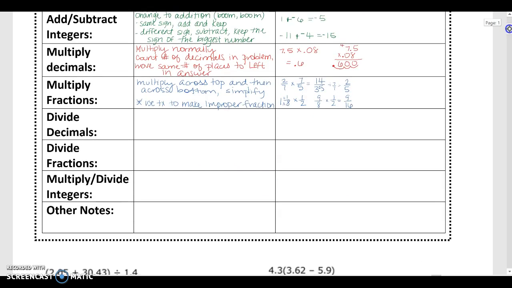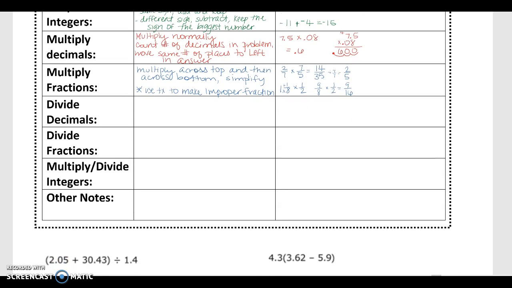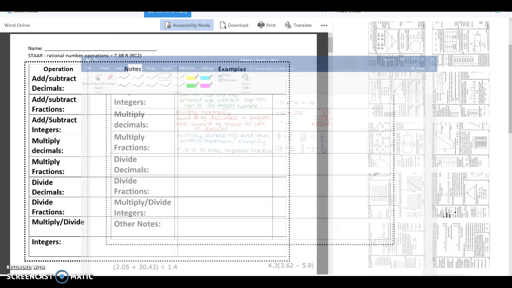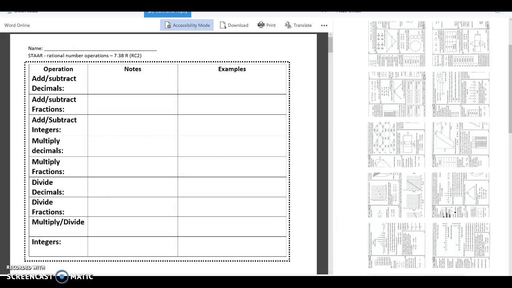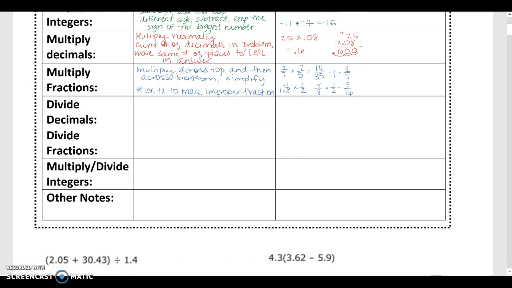Okay, so the next one we have is dividing decimals. So when we divide decimals, you're going to move the decimal to the right on the outside.